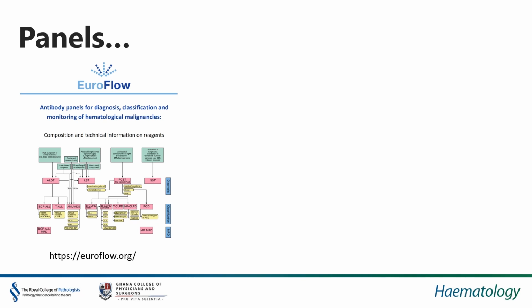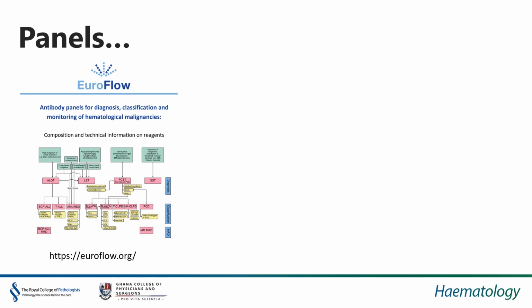However, I'd like to highlight the Euroflow group, because the Euroflow consortium have looked at designing specific antibody panels for the diagnosis and classification, but also monitoring of hematological malignancies. I've got the reference here on the slide, and you can go to the website and download copies of the antibody panels that they use.